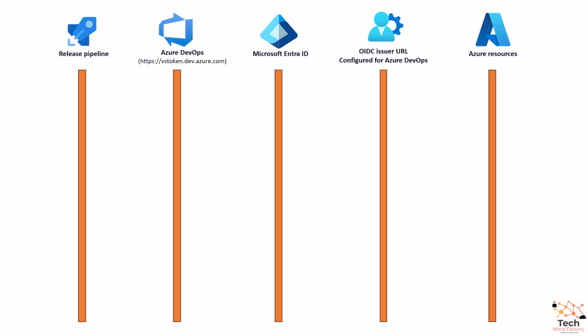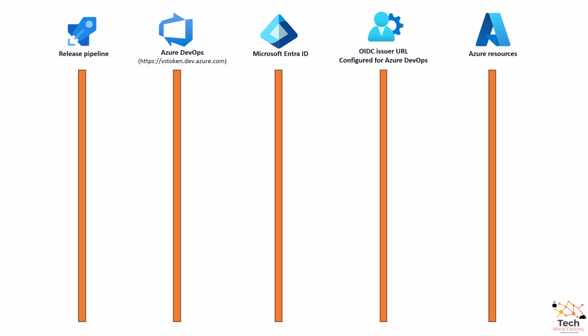It's worth explaining what's happening underneath when it comes to Workload Identity Federation. That's why I prepared this slide, to make sure we understand what's going on here. We have release pipelines in Azure DevOps. We have Microsoft Entra ID, which is used to protect our Azure resources.